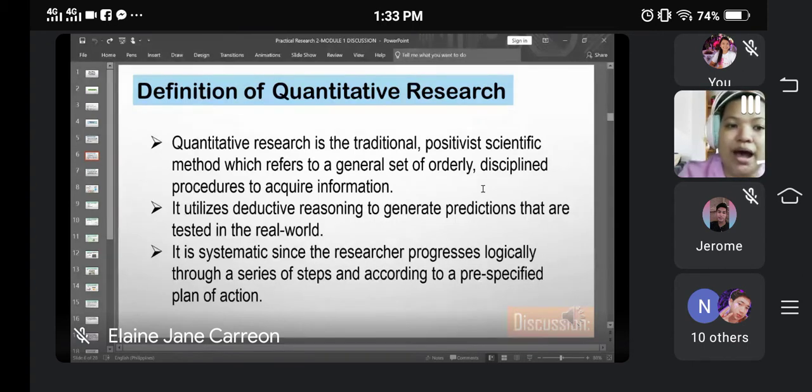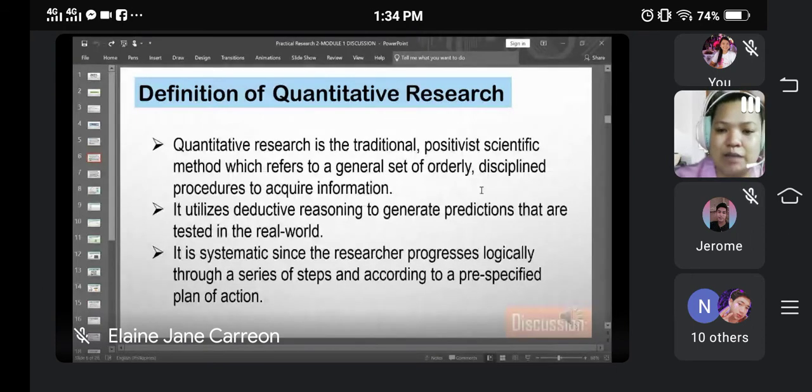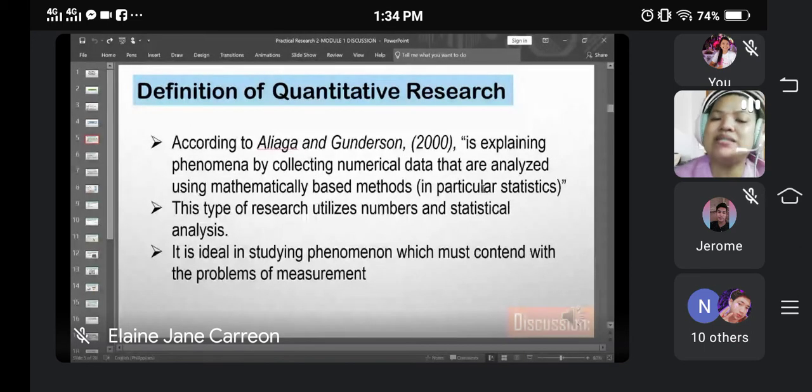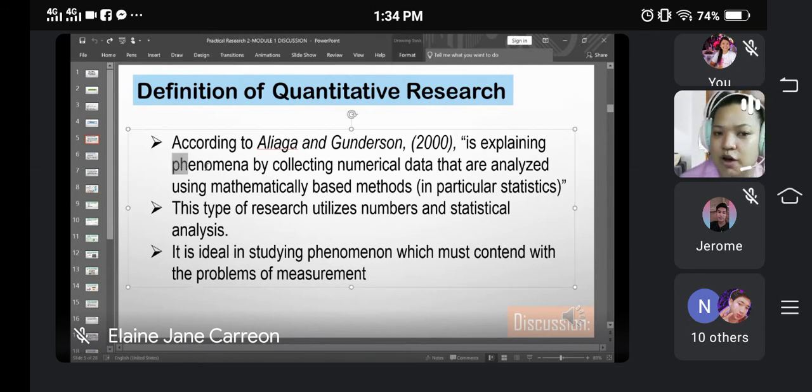Okay? Now, I want you to give me the words that best describe quantitative research. According to the given definition, will you please cite some of the words or terms that best describe quantitative research? Anyone? Okay, let me give you this. Number one, phenomena.